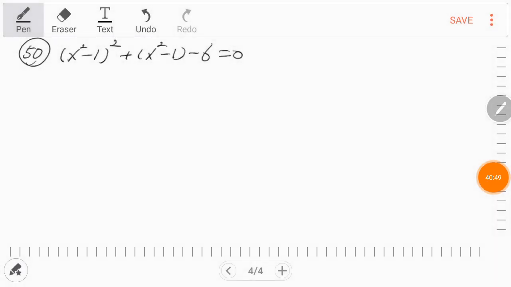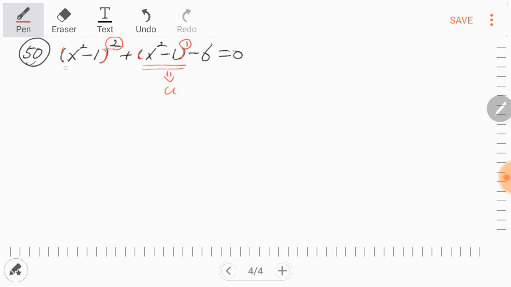Okay, in this exercise, let's check this. In this case, the base is x squared minus 1, and the powers are 2 and 1. So 2 is 1 times 2. So why don't we set this equal to u?